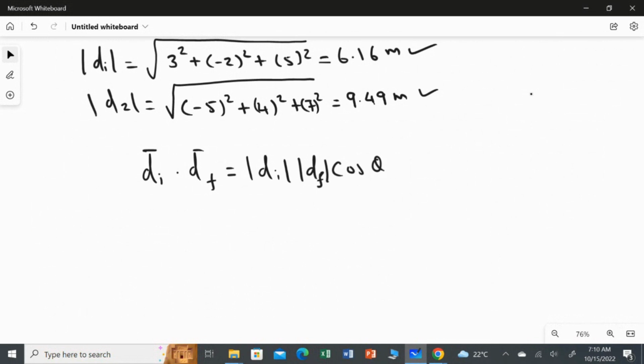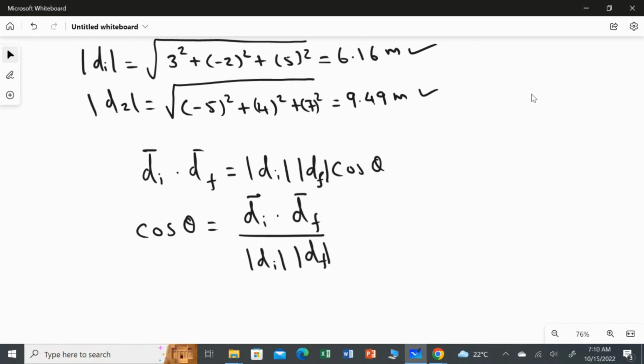So keep this cosine theta here and move the di magnitude and df magnitude to the denominator on the other side. By that your equation becomes cosine theta equals di vector dot df vector over magnitude of di multiplied by magnitude of df.